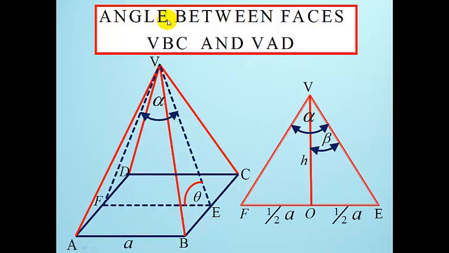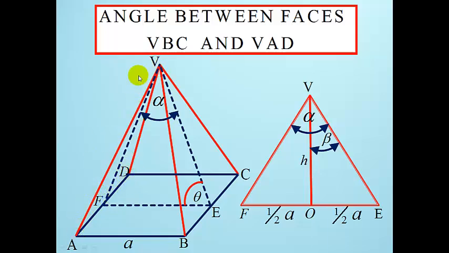Now, we look at the angle between faces VBC and VAD. Now, we have two faces. One of the faces is VBC, and the other face is VAD. Now, VE is representing the face VBC, and VF is representing the face VAD.